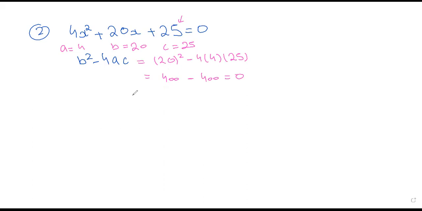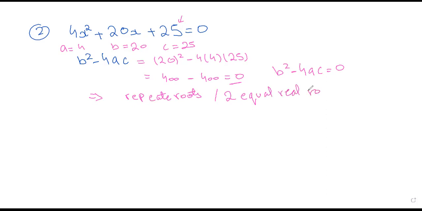This means that b square minus 4ac is 0. So we will get repeated roots, or two equal real roots. Right, Gayatri? Since b square minus 4ac is 400 minus 400, since it is 0, we know that we will get repeated roots. Why? You will know that shortly.